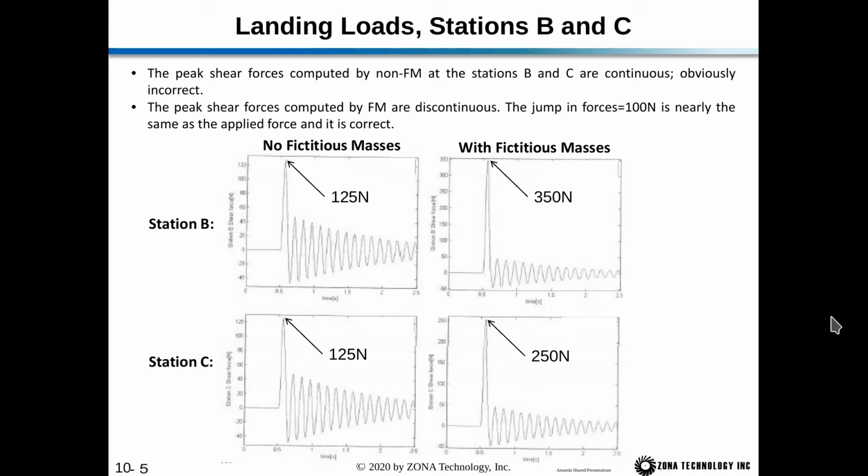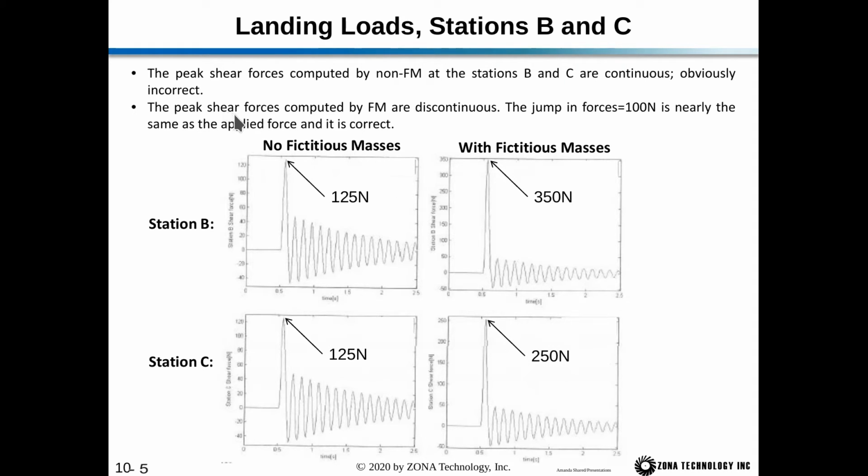So let's look at some plots here. For station B, with no fictitious masses, our peak force is about 125 newtons, and then at station C, with no fictitious mass, the peak force is also 125 newtons. But with the fictitious masses, when we compare stations B and C, station B, the peak force is 350 newtons, and station C, the peak force is 250 newtons.